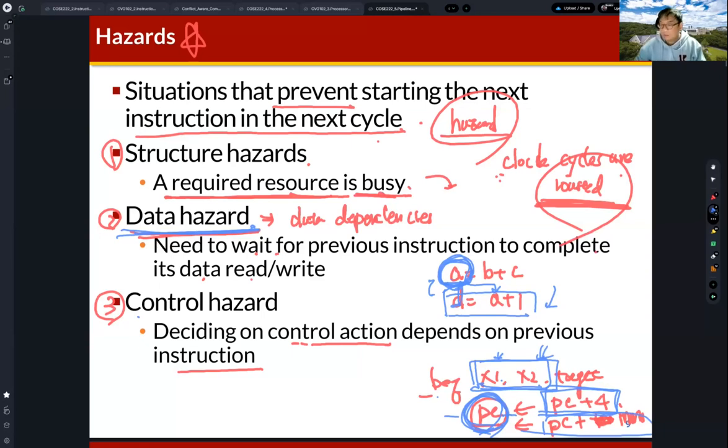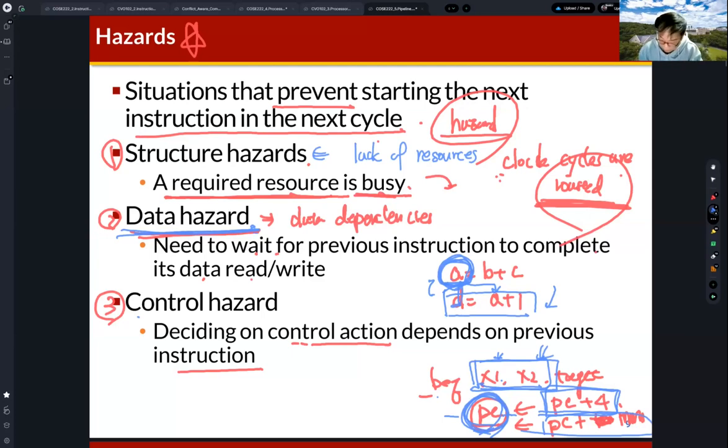So structure hazard means that the clock cycles are wasted because of lack of resources. This is called structure hazard.